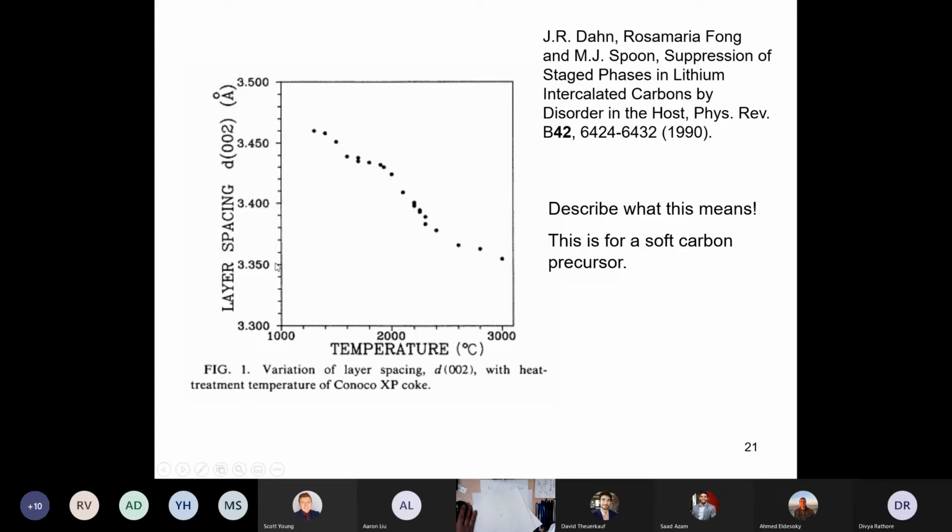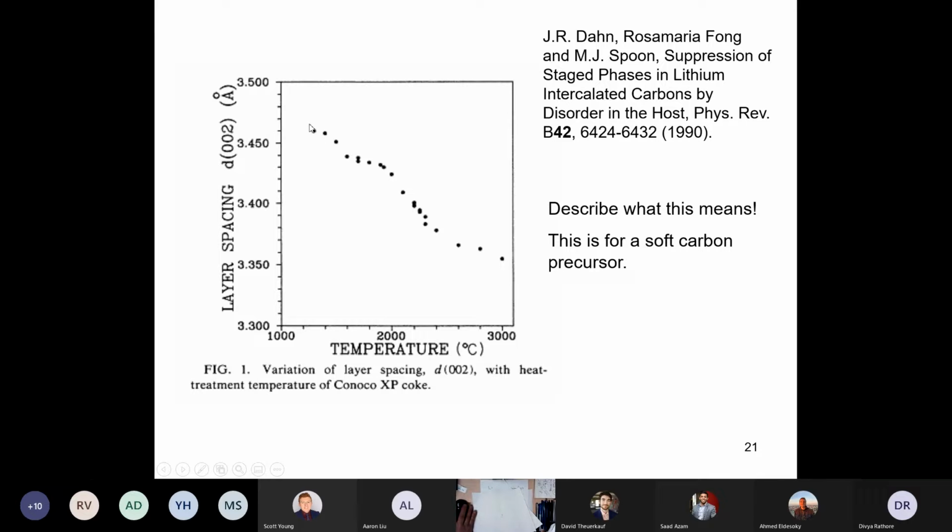So if you plot the layer spacing versus the heat treatment temperature, and this is for a soft carbon precursor, you see a behavior a lot like this, sort of a continual decrease from around 3.45 angstroms down to 3.35 angstroms.